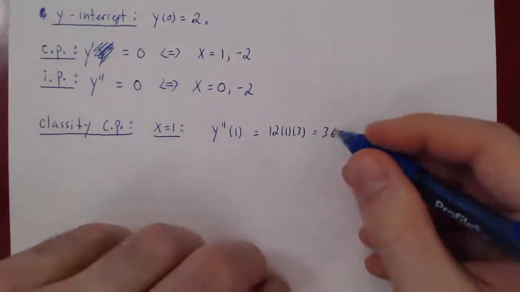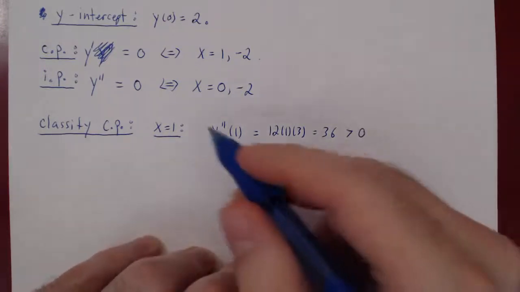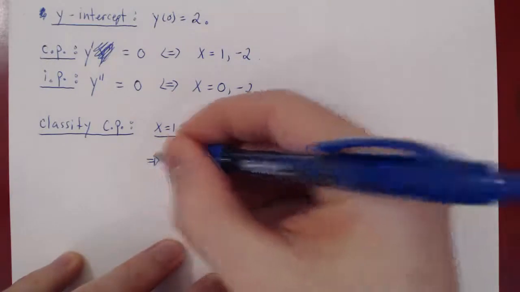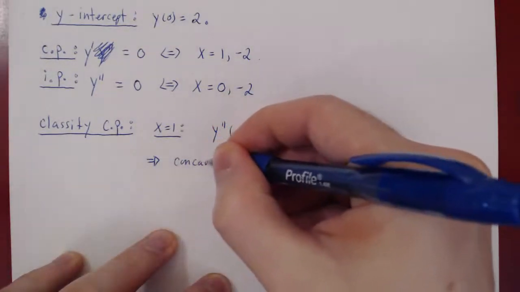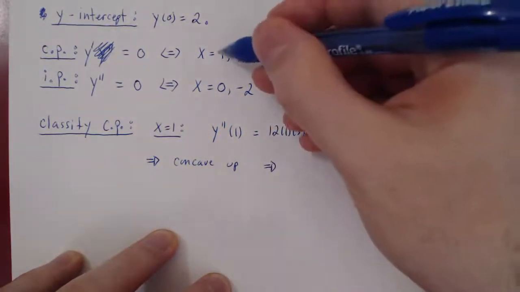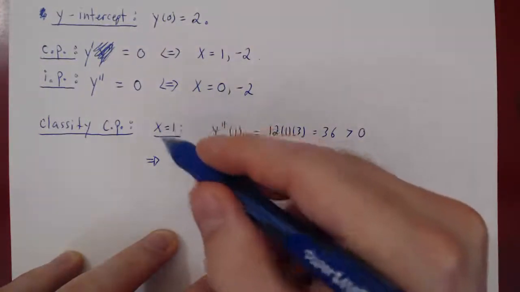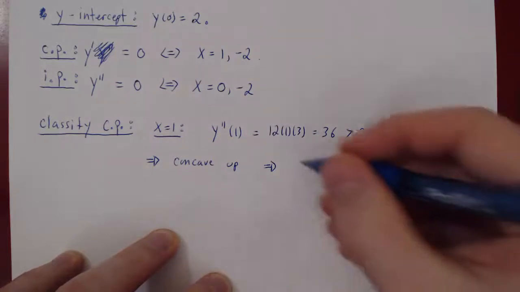We don't care that it's 36 as much as the fact that it is positive. So the second derivative is positive, so the curve is concave up at x equals 1. Since the curve is flat at x equals 1, the derivative is 0, and the curve is concave up, x equals 1 is a local minimum.